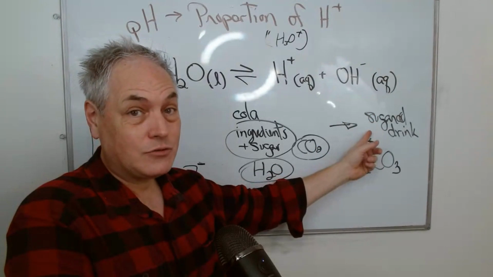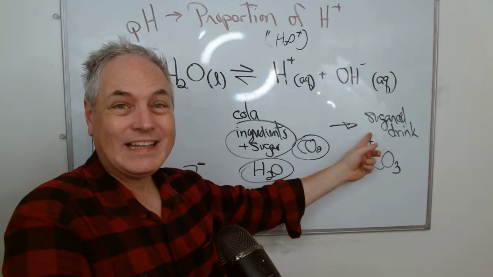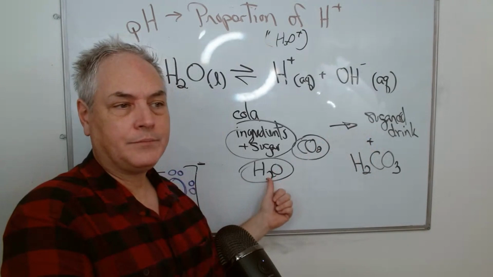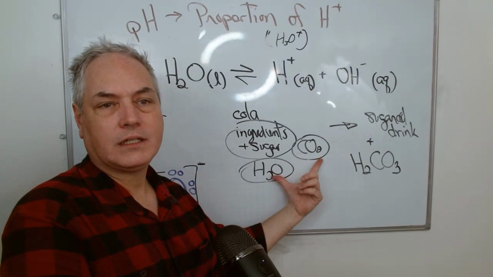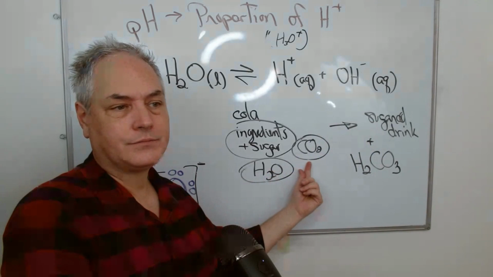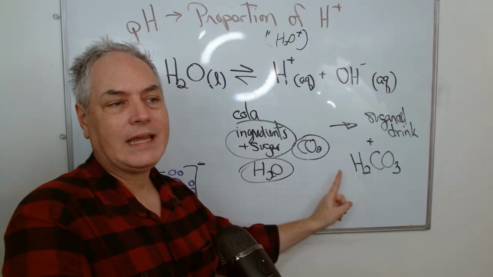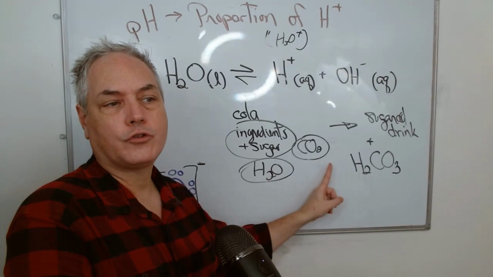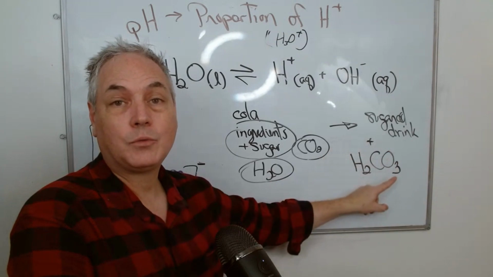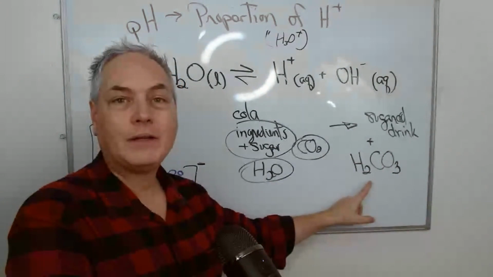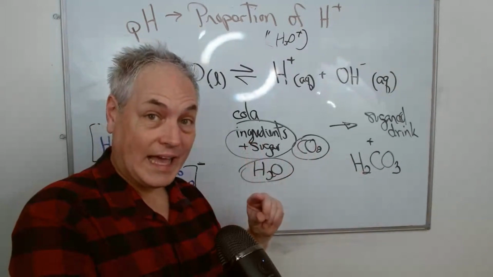But what's interesting is that even though we drink it, inside that fluid we have water and carbon dioxide. And when you put them together, you have 2 hydrogen, 1 carbon, and 3 oxygen. You end up with what we call carbonic acid, which is a weak acid.